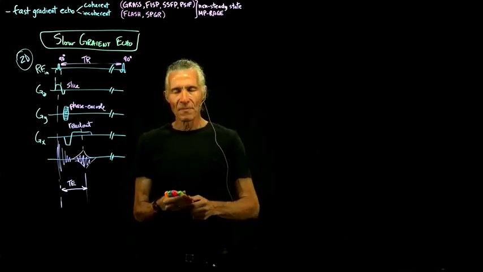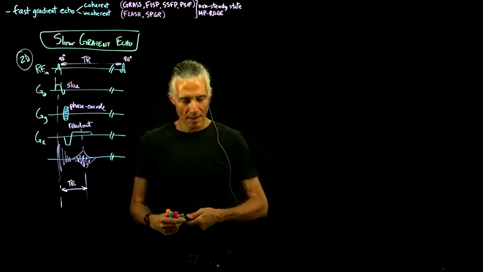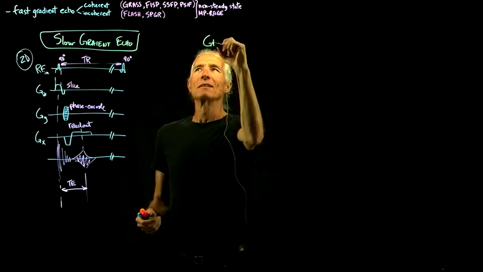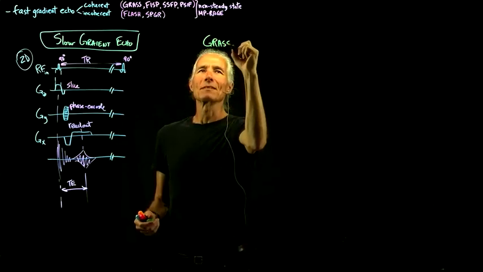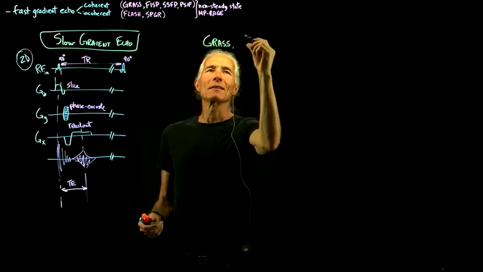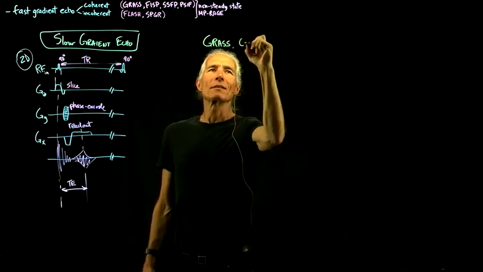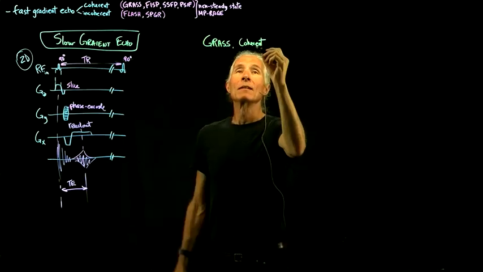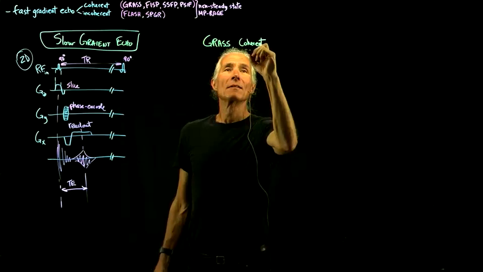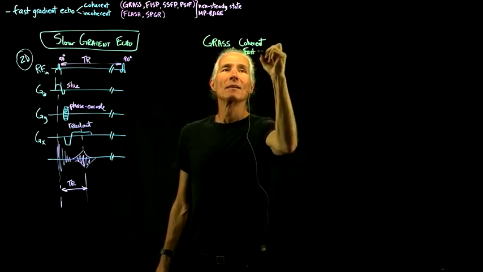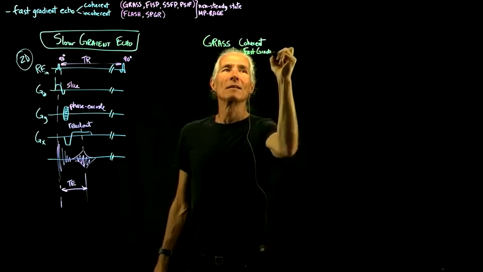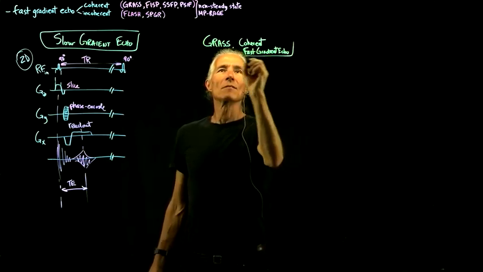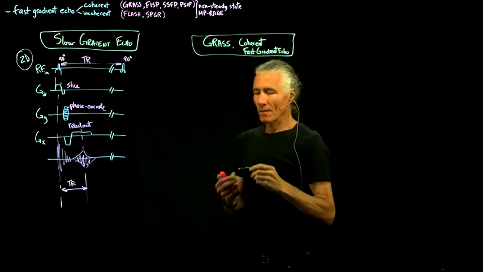An example of this is a GRASS type sequence. This is the coherent fast gradient echo. So how do we do this one?